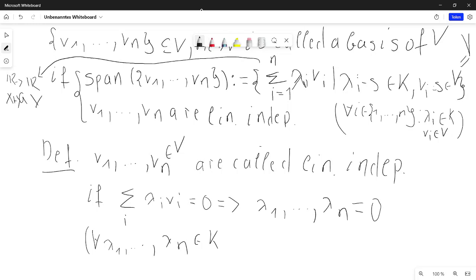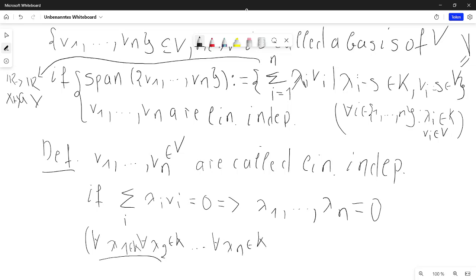Totally properly written, that actually is written like that, but of course I won't do that anymore. It's just for now. Totally properly written, you have for lambda_1 in K, for lambda_2 in K, for lambda_3 in K, so on, for lambda_n in K.